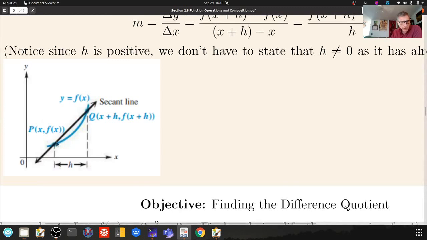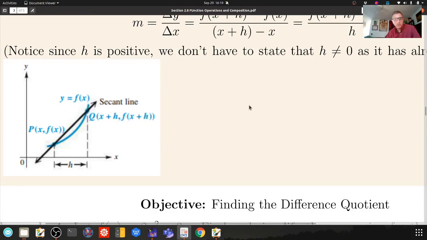So here's my point P, and here's my point Q. So this has a value of x, f of x. You can call this x1. And this has the value of, I'm going to move out from x h units. So this is the value of x plus h and f of x plus h.